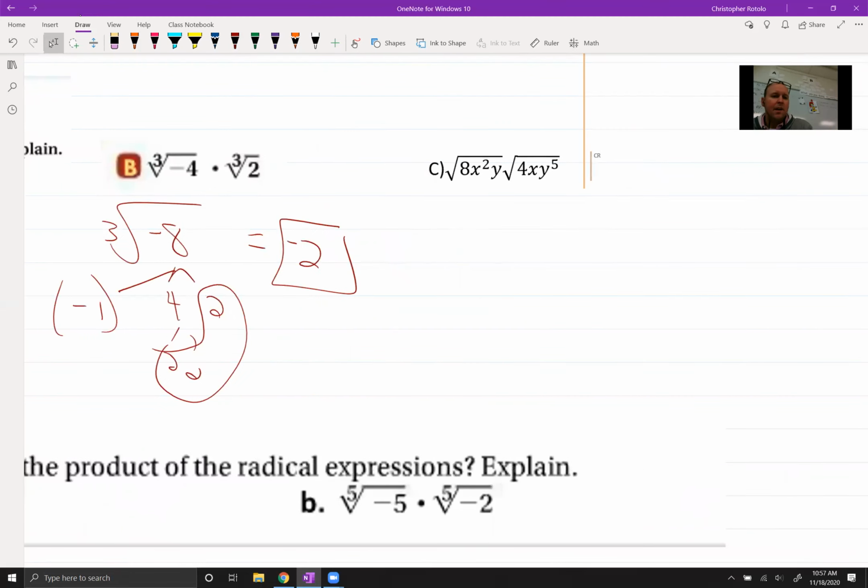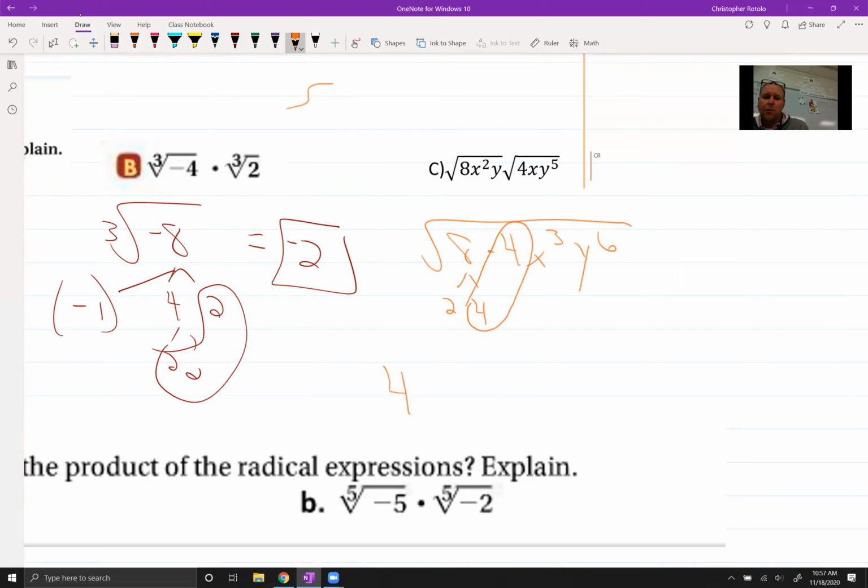All right, in part C here, I check my indexes. They're the same, which means I can put these together. And here's what I mean. I don't want you to put those completely together all the time. I'm going to make this into one big problem: 8 times 4, and I'm going to put my x's together to make x cubed and y to the 6th. Why did I leave the 8 and the 4? Because I'm dealing with square roots, and if I can make this 2 and 4, I already have a pair.